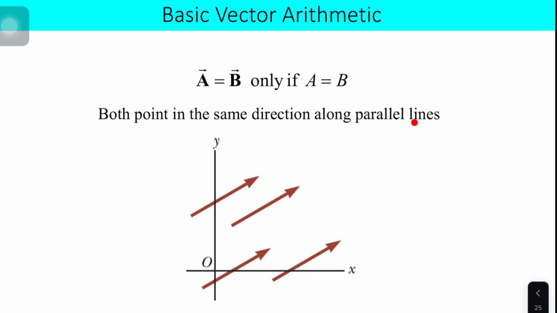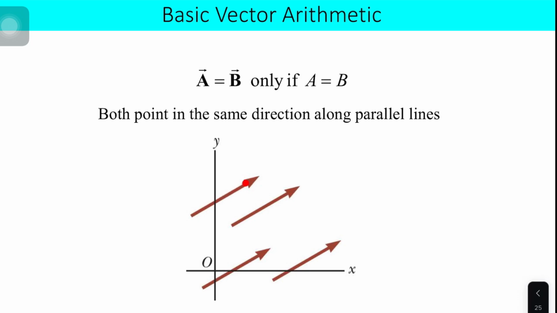And additional information: a vector can be shifted. If it is positioned here, or placed here, or shifted here, or rearranged here, it's still the same vector as long as the magnitude of it remains the same. For the arrow here, the magnitude is represented by the length of it and the direction by the head of it.